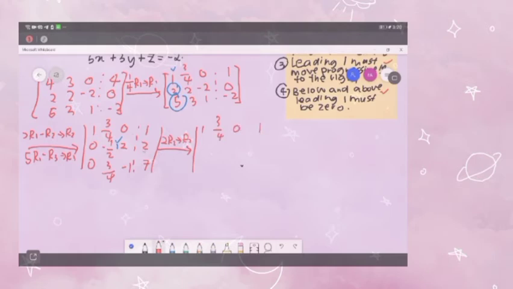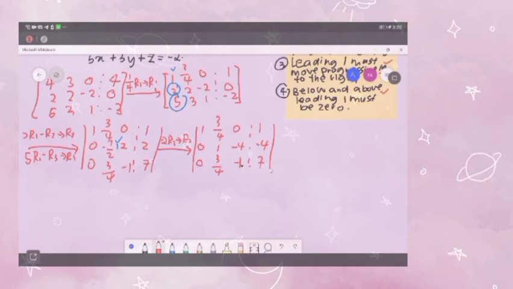So this is 2 times 0 is 0. Sorry, this is -2 actually. -2 times 1/2, we will get 1. -2 times 2 is -4, and -2 times 2 is equal to -4 also. Okay, so we just write it back: 3/4 here, -1 and 7.